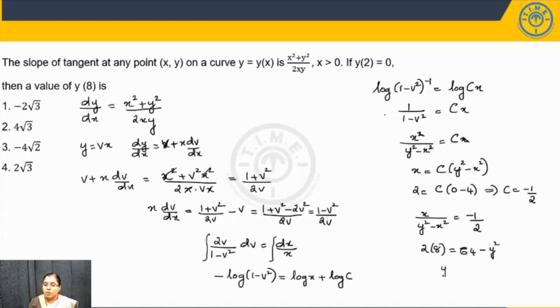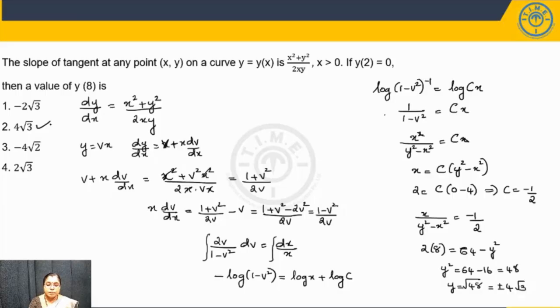So we have y square is equal to 64 minus 16, which is equal to 48. So what is y? y will be root 48, which is equal to plus or minus 4 root 3. Now we don't have the option minus 4 root 3. So the answer is option 2, 4 root 3.